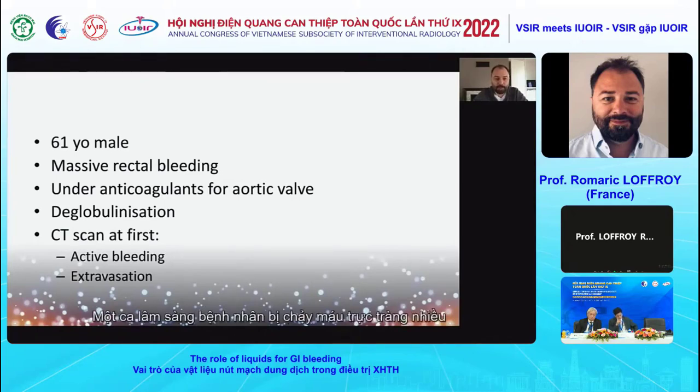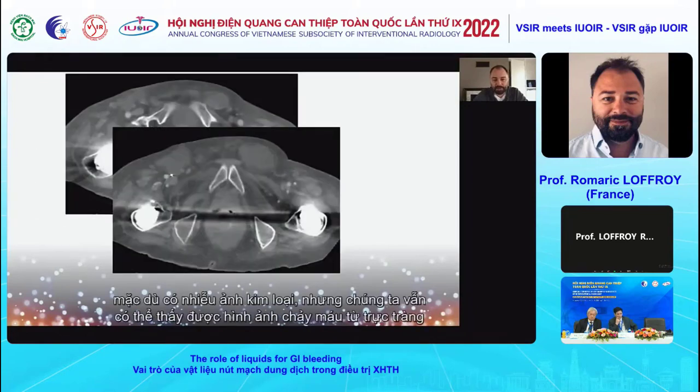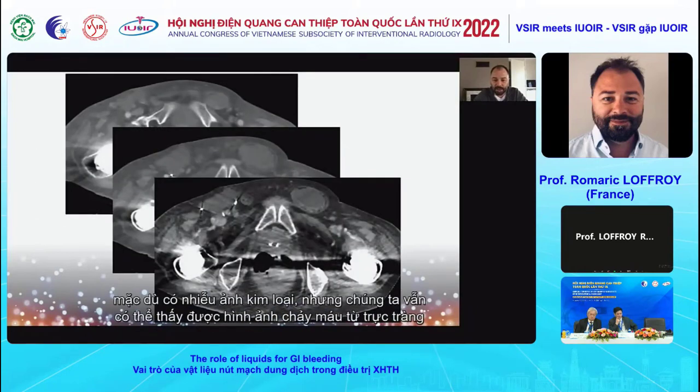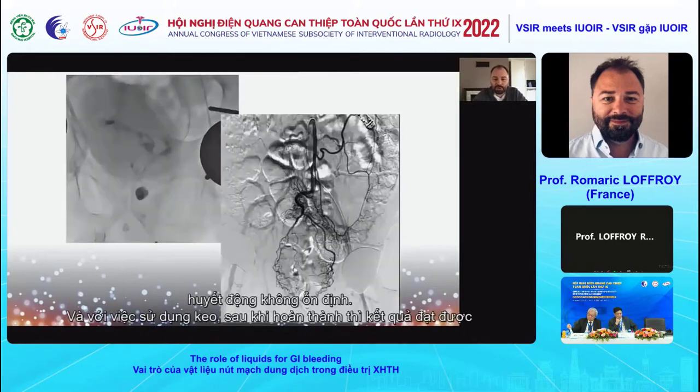Another example here of massive rectal bleeding. You can see CT scan, even if we have artifacts, you can see the bleeding from the rectal port, and huge bleeding with extravasation from a branch of the left superior rectal artery. Very good indication in that case, instead of putting 3, 4, 5, 6 coils, and because the patient is bleeding on the table, 2 drops of glue and it's done.